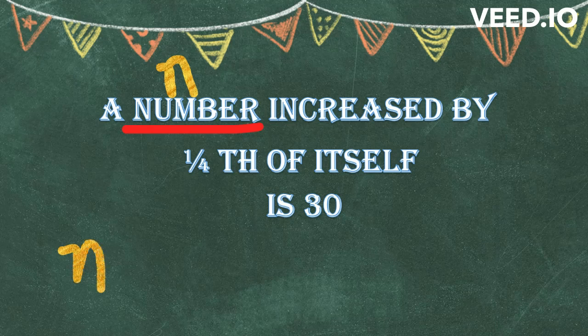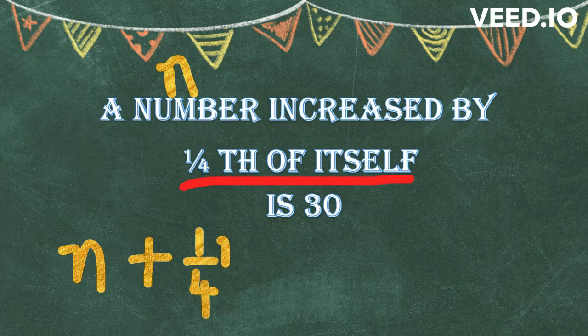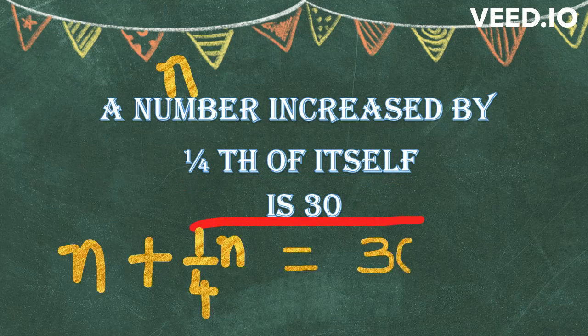N is increased by, plus, increased by what? 1/4 of itself. It is increased by 1/4 of n is 30. N plus 1/4 n is 30. So this is an equation here.